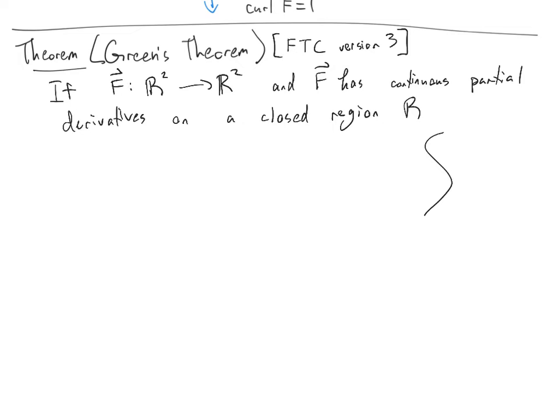We've got some sort of region R. Let's shade it in. Boom, there's R, shaded in. So it's closed. C is the boundary of R.